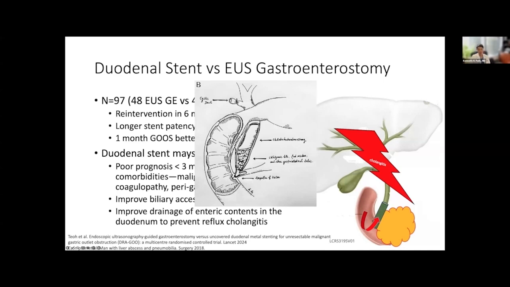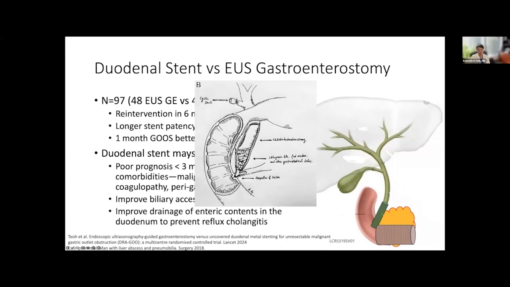And this is a classic biliary sump syndrome, and this is a newer, modern version of a sump syndrome, now that we're doing a lot more EUS gastroenterostomy bypasses and leaving the duodenal obstruction alone. So it's something to think about.